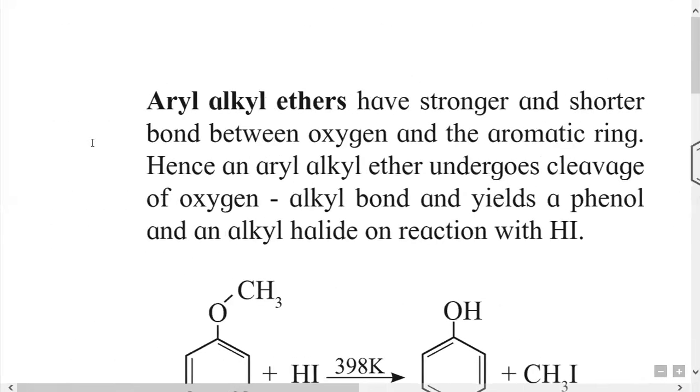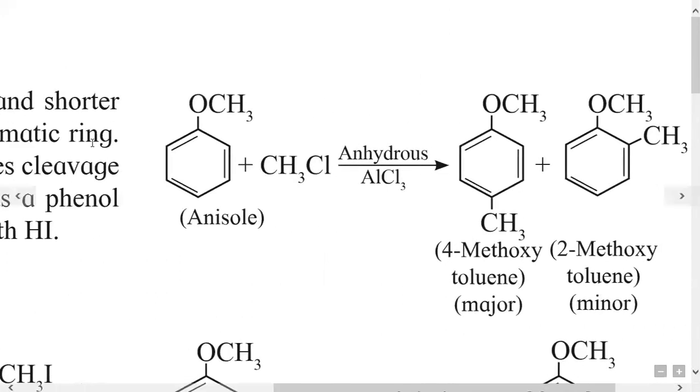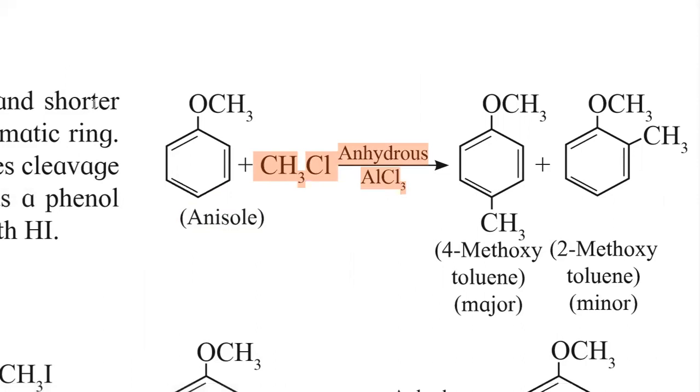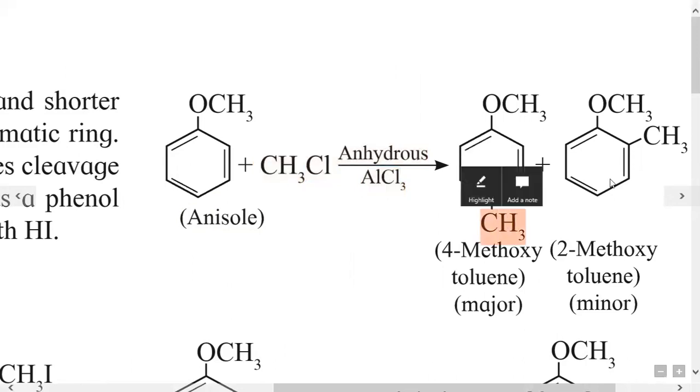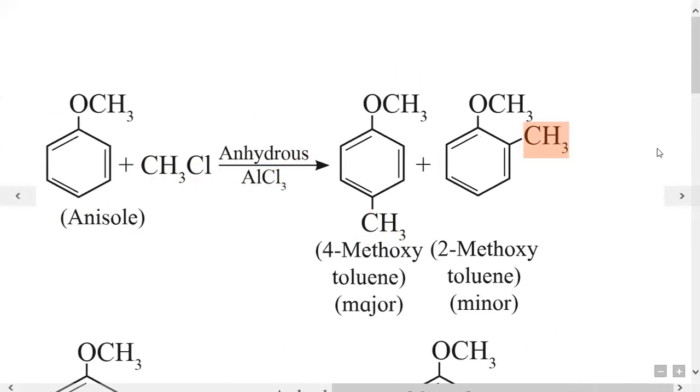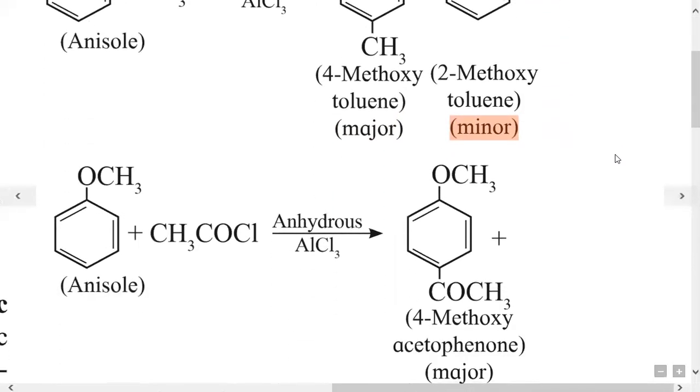The example of this reaction is: methyl phenyl ether, commonly called anisole, reacts with methyl chloride in the presence of anhydrous AlCl3 as a Lewis acid. Then substitution of the methyl group takes place at the para position. Similarly, substitution of the methyl group at the ortho position takes place, and we get 4-methoxytoluene and 2-methoxytoluene. Here the para product is the major product and the ortho product is the minor product.